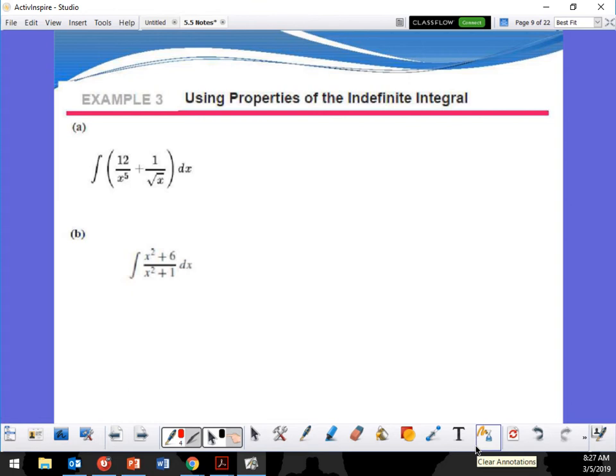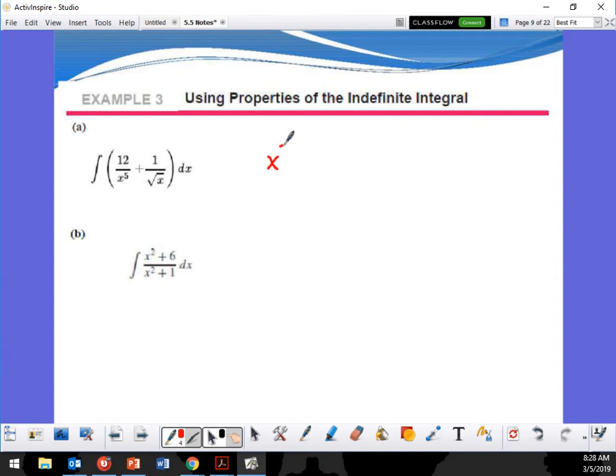Now this next one. Okay, using properties of indefinite integrals. Now, I'm going to have to do something special in this one. Because there's a binomial in the bottom, I'm going to try a long division here, because I cannot have it like this. Okay, let's see.